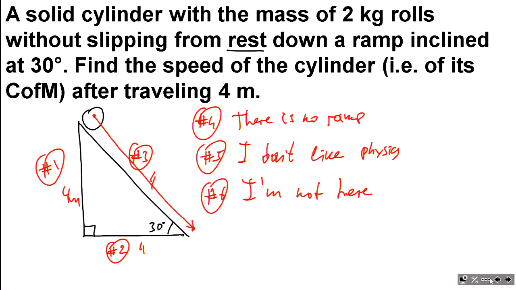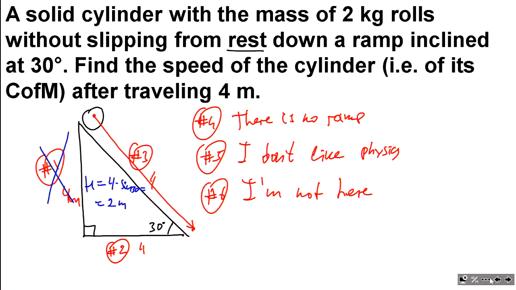So 4 represents the hypotenuse of this ramp. If 4 is the hypotenuse, then the height, which we're going to use, will be equal to hypotenuse times sine of 30, which is 2 meters.